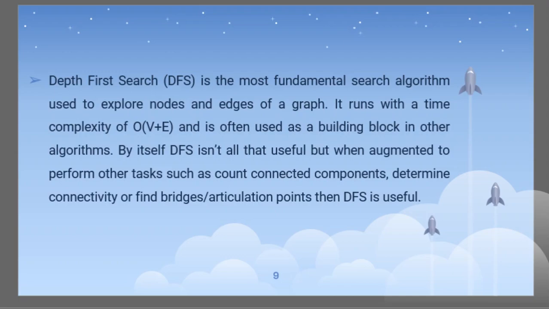And then, it runs with the complexity of O of V plus E. Okay? So, this depth first search pertains to the visited nodes using the stack data structure. Okay, mas ma-explain si DFS when we are going to sort certain nodes using the topological sorting.